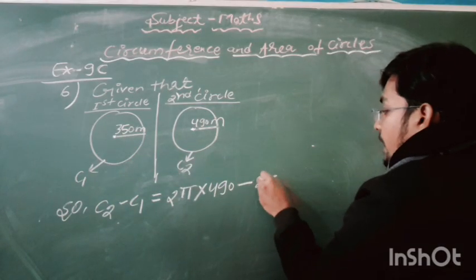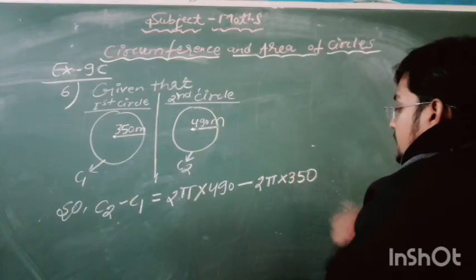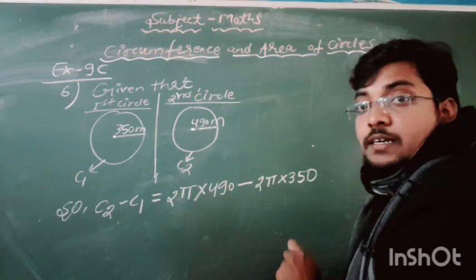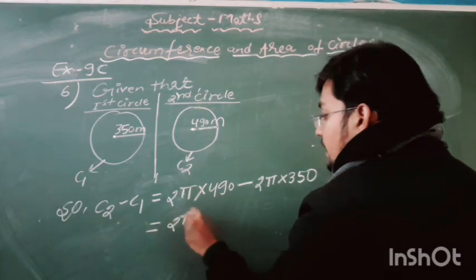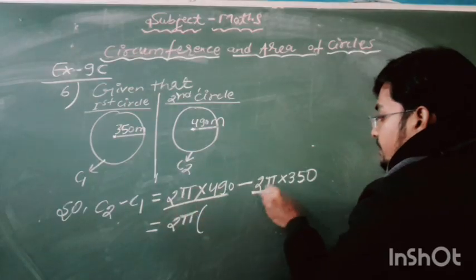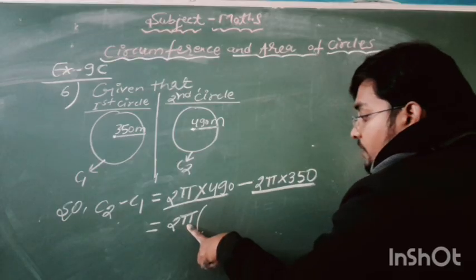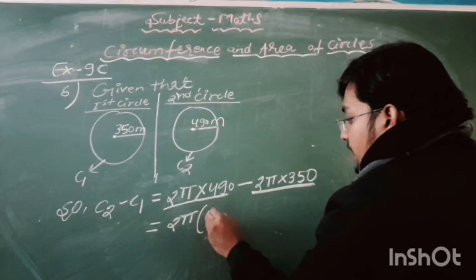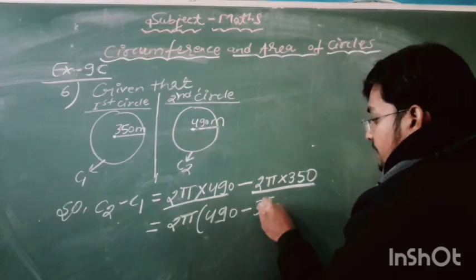So 2 pi into r, which is 350 for the first circle. So 2 pi is common in both terms. Therefore 2 pi, and in round bracket we get 490 minus 350.